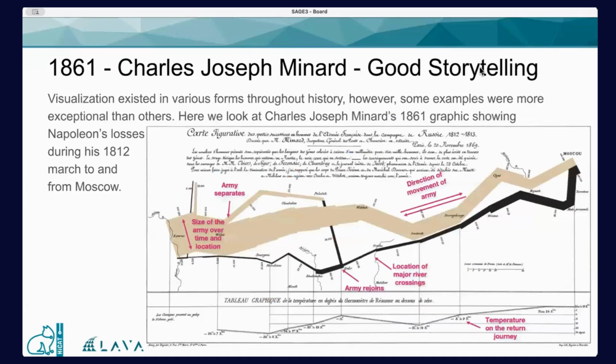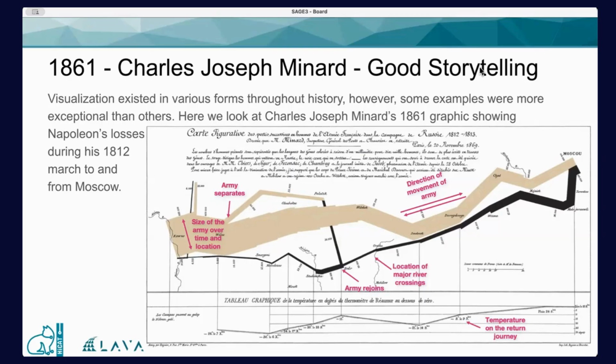So here's an example of good storytelling. This is a chart from 1861, drawn by Charles Joseph Minard. It is a description of Napoleon's losses during the 1812 war. There's a lot going on in this visualization, but what you get immediately is a visceral sensation of the army starting here with a large body of people, and over time the army gets smaller and smaller.